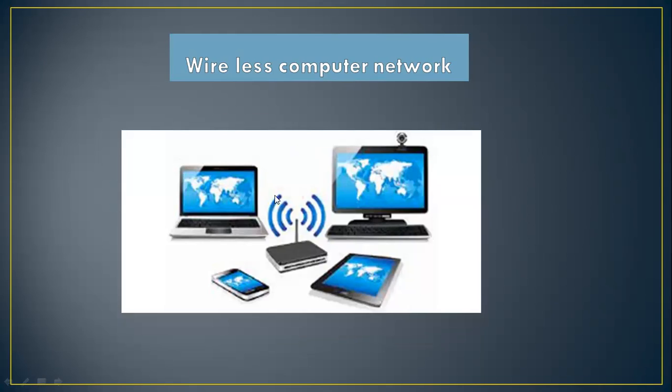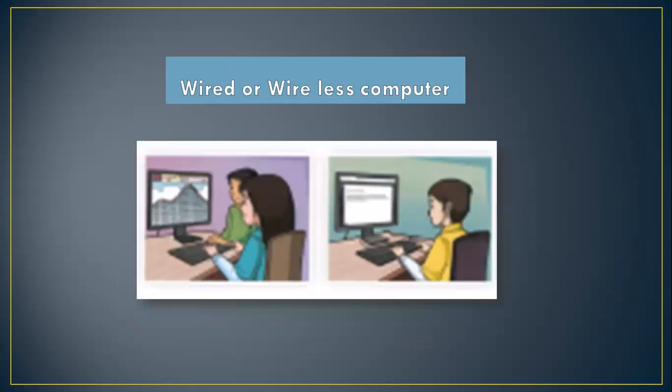So let's see two pictures, which is wired and which is wireless. First of all, see this. She is using a computer with the help of a wire, and this is wireless. This is a wired keyboard, and this is a wireless computer.